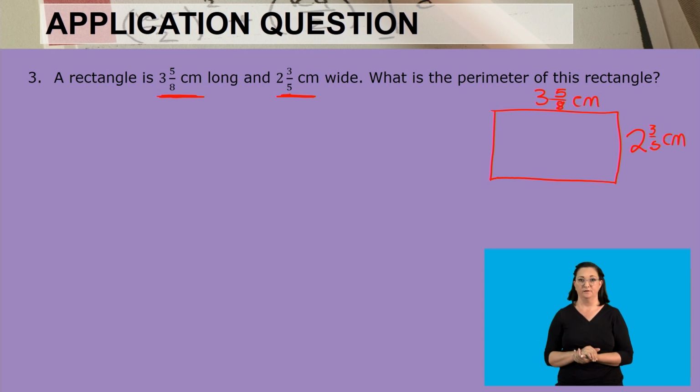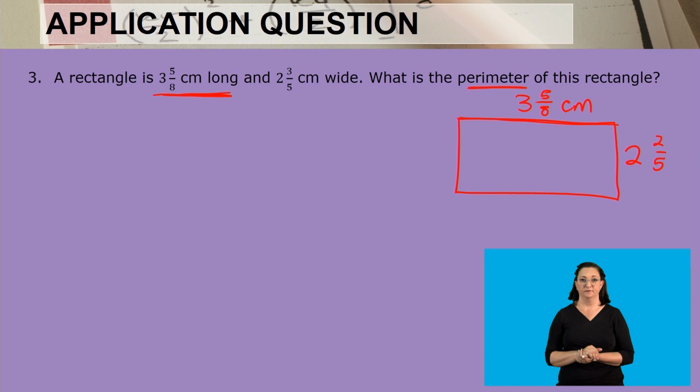So because these numbers are mixed numbers, what we can do is to quickly convert them into improper fractions. So when we are looking at 3 5/8, how are we going to convert that? We know that that is going to be 24/8. Why? Because we know that 24/8 is equal to 3 as a whole number.